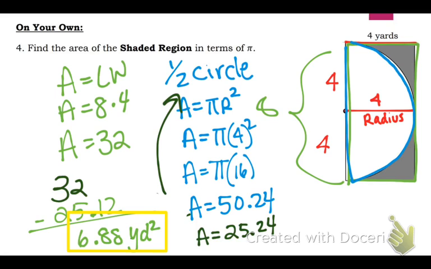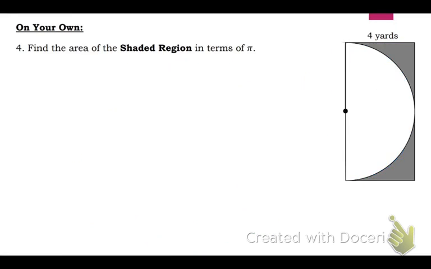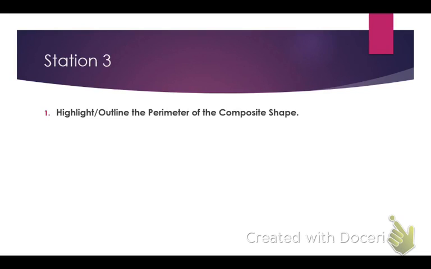I'm paraphrasing. But that is step 1. So if you want a highlighter out, you can have one, or you can just outline the perimeter of the object or the shape.